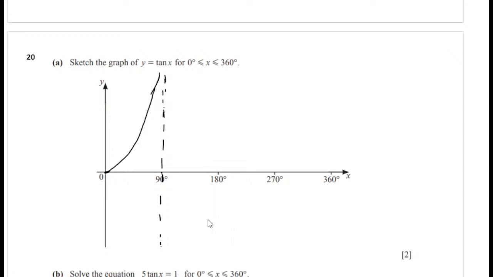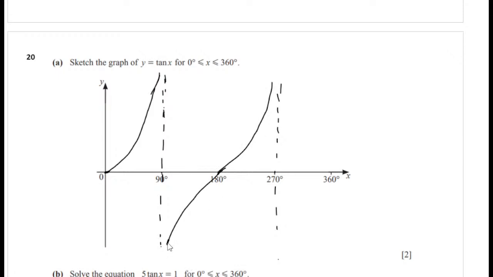Then as we move into the second quadrant, the value of tan will be negative. So again here it will be something like this. Then here I can draw a dotted line, and from here it will continue and go like this.